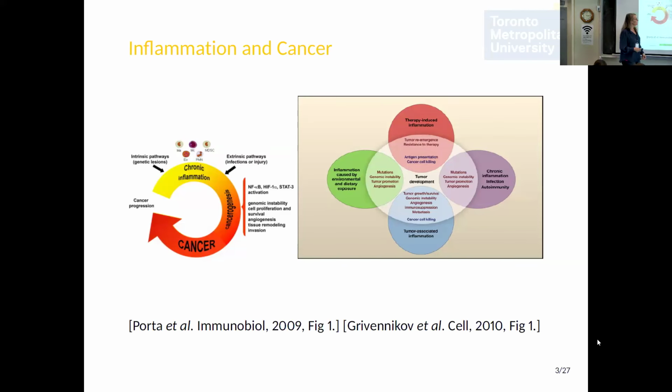So where's the inflammation coming from? It can be environmental or dietary induced inflammation, therapy induced inflammation, chronic inflammation or autoimmune symptoms, and tumor associated inflammation. So the tumor itself can be driving this chronic inflammation that leads to the evolution of the tumor into a more aggressive state.